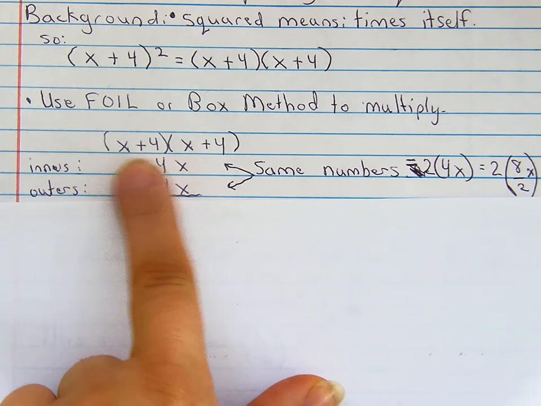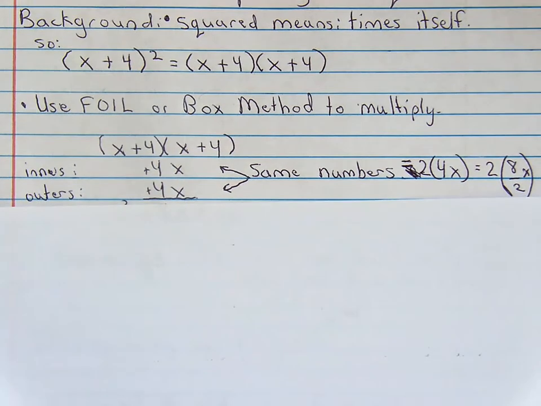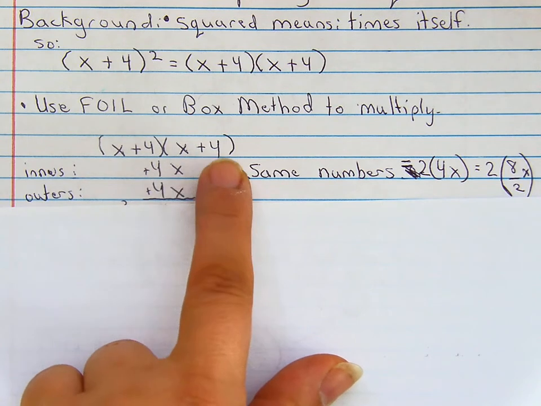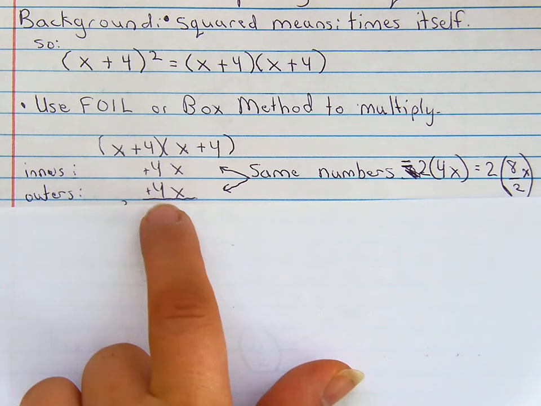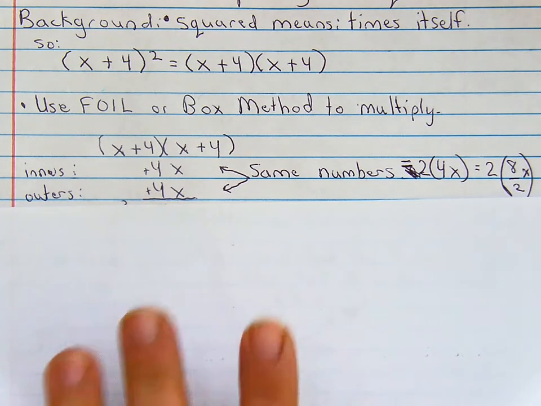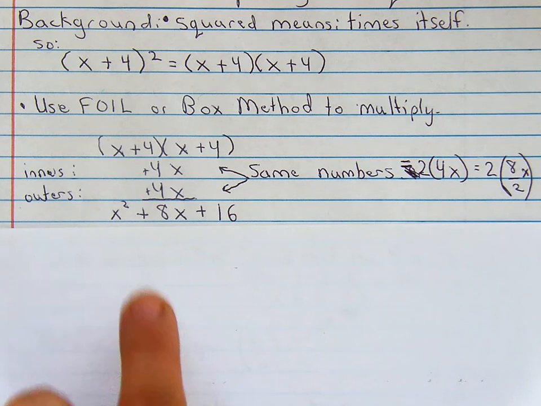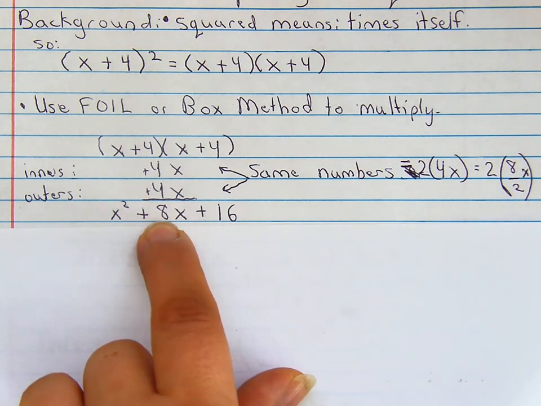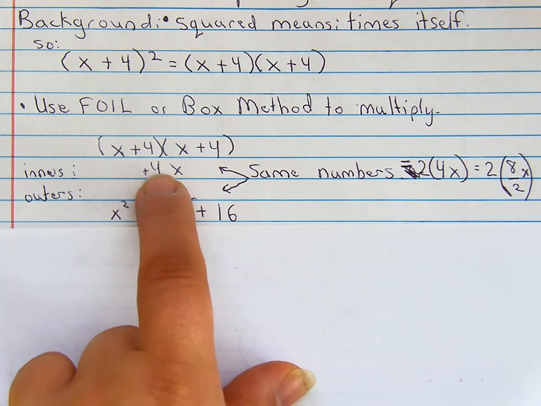When you are actually multiplying a perfect square like we have here, and the same number is multiplied to itself, well, when you multiply the inners, you get a said number, and when you multiply the outers, you get the exact same number. So when you add them together, no matter what it is, this answer here is equivalent to 2 times this original quantity of the inners multiplied together.